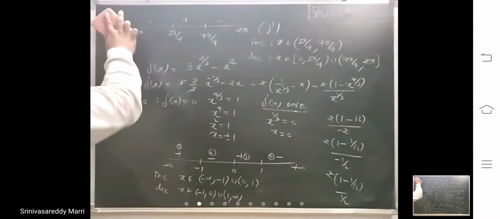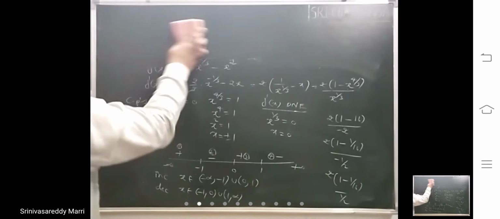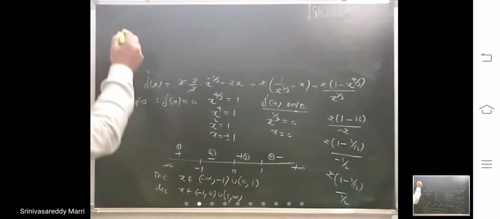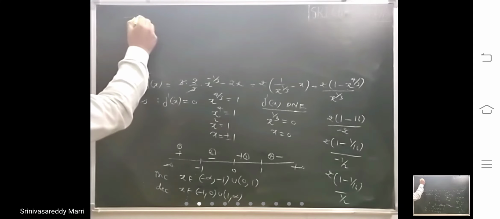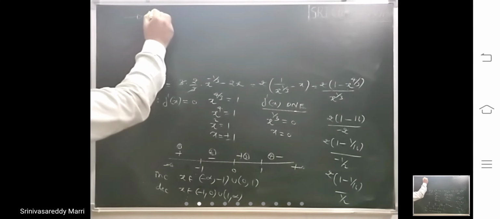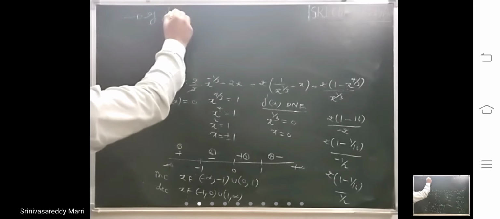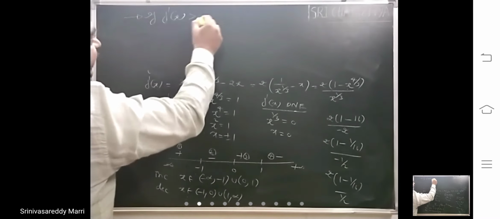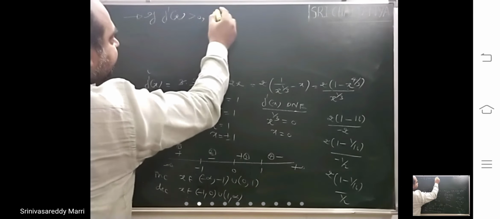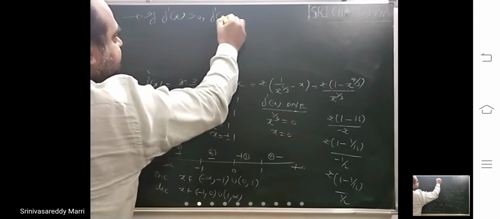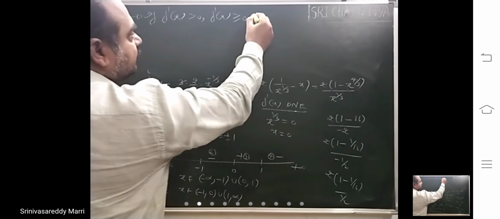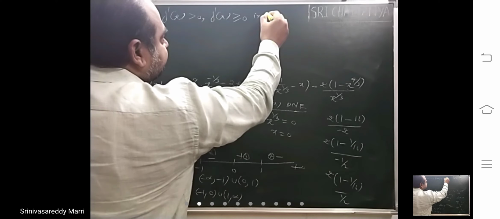Look at the next one. In some cases, after finding the derivative, directly you will get f dash x greater than 0, or f dash x greater than or equal to 0, in the given interval.